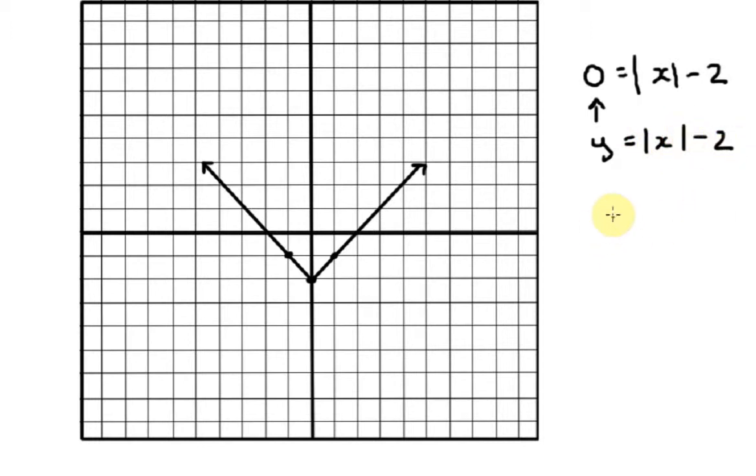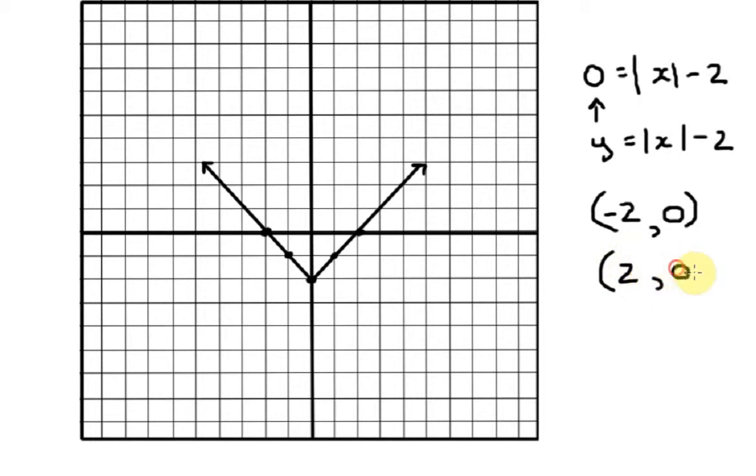So in our table, or maybe I'll just write the specific points, we're looking for any points where the y value is 0. Are there any such points? Well, here's one. There's one right there. And that is the point when x is negative 2, there is a y value of 0. There's also another point over here when x is positive 2.